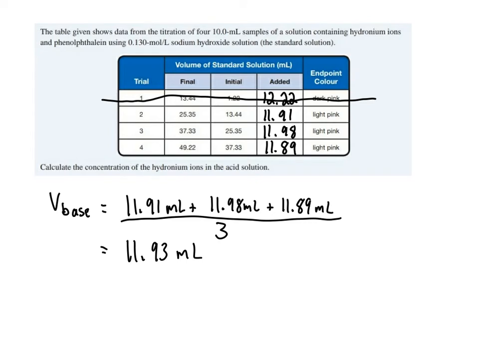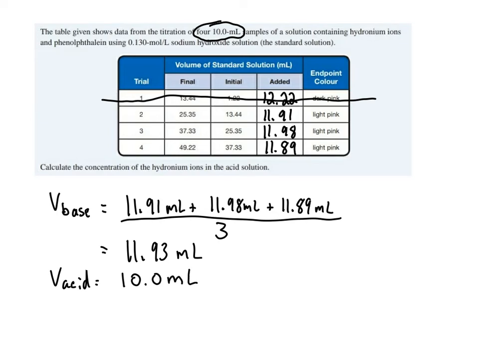So now that we've done that, we need to figure out the rest of our variables. We have the volume of our base. The volume of our acid is going to equal, right here, 10 milliliters. Those would have been pipetted into the solution, so 10.0 milliliters.